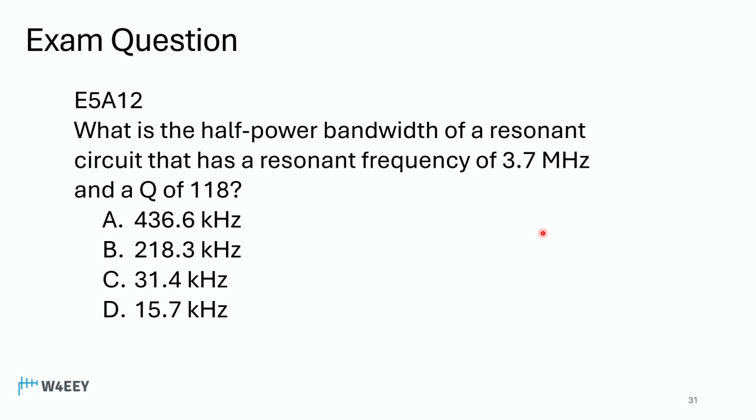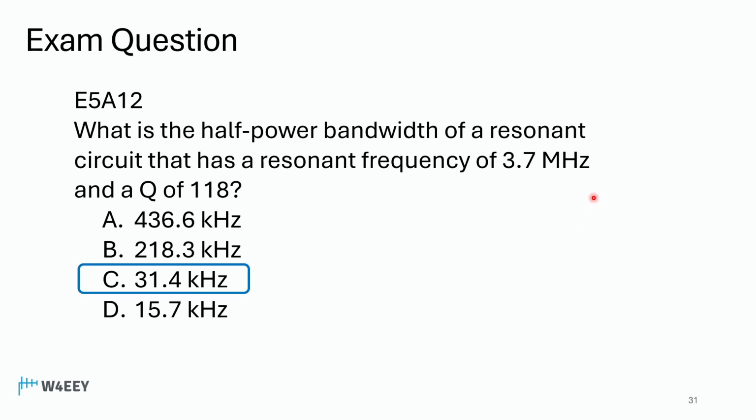So if somebody wants to do this on their calculator quick and give us what you think is the answer, it's going to be 3.7 megahertz divided by 118. It would be C, yes.